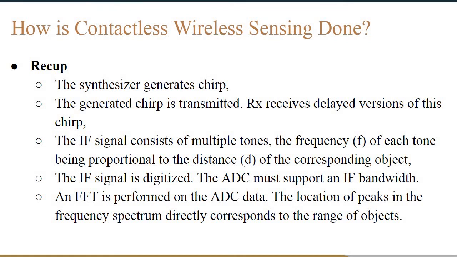The IF signal is digitized, where the analog to digital converter must support the IF bandwidth. A fast Fourier transform is performed on the analog to digital converter data, and the location of the peaks in the frequency domain directly corresponds to the range of the object.